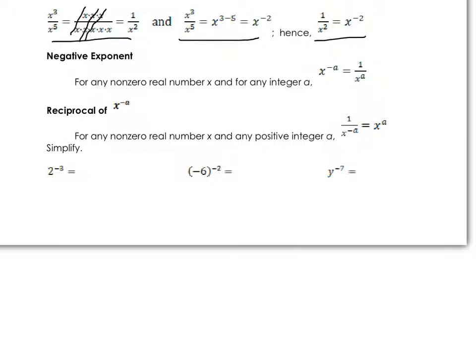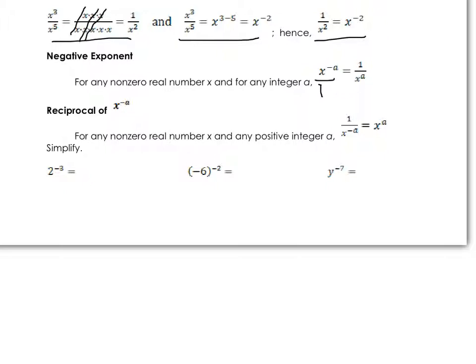Negative exponents indicate location. So, if we have x to the negative a, we're in the wrong location. X to the negative a is like a fraction. It's in the numerator. It's in the wrong location. We have to take it down to the denominator, and we have 1 over x to the positive a.